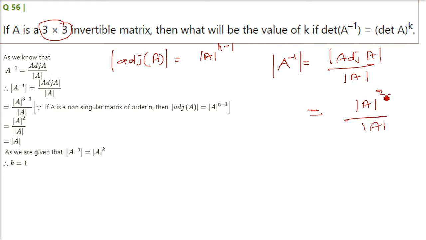So this is determinant of A square. You can cancel one of it. So it will be determinant of A. So determinant of A inverse is determinant of A. So what is the power? Power is 1. So what is K? K is 1. You can just write K equals 1.